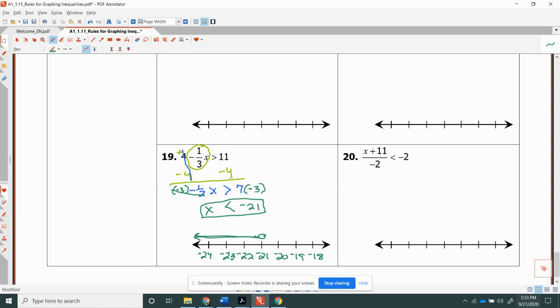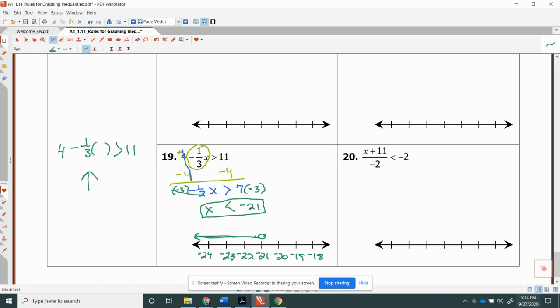So if you were to go back and try to check your answer by substituting, you would have 4 minus 1/3, and then leave that open. That's our x value is greater than 11. And for this to be a true inequality, true as in it's not false, as in it would work, anything that happens over here would be greater than the 11.